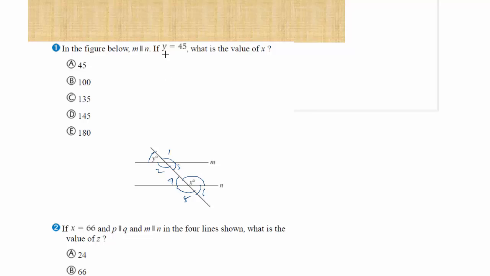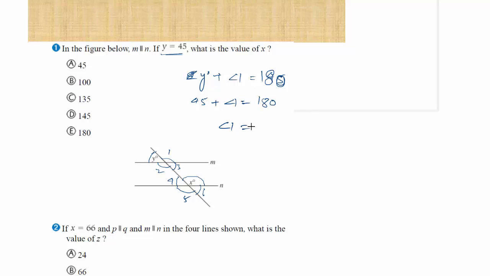We're given that y is 45. So if y is 45, the smaller one is 45, then what will be angle 1? As we know, angle y plus angle 1 is equal to 180. So y is 45, 45 plus angle 1 is 180.